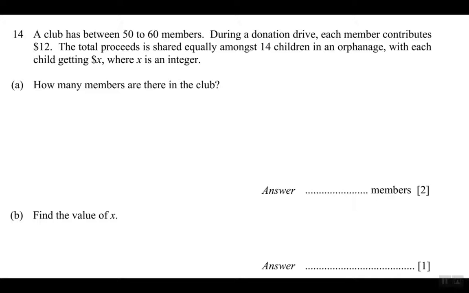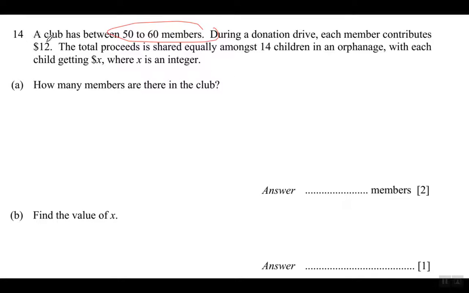Let's start. Okay, start. A club has 50 to 60 members. During a donation drive, each member contributes $12. Total proceeds are shared equally among 14 children in the orphanage, with each child getting X dollars, where X is an integer.